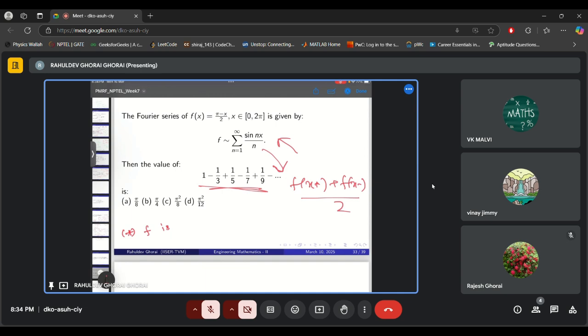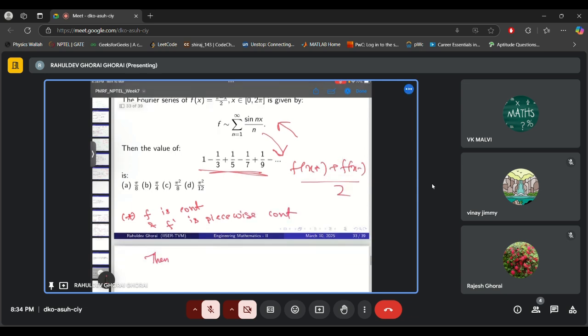Okay, if f is continuous and f prime is piecewise continuous, then the Fourier series of f will converge to f pointwise.